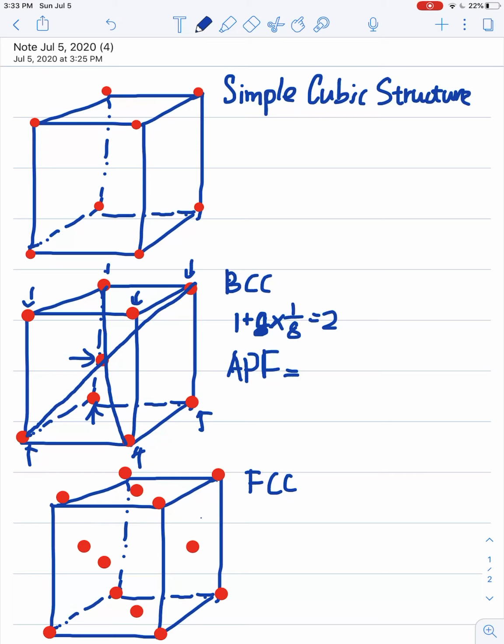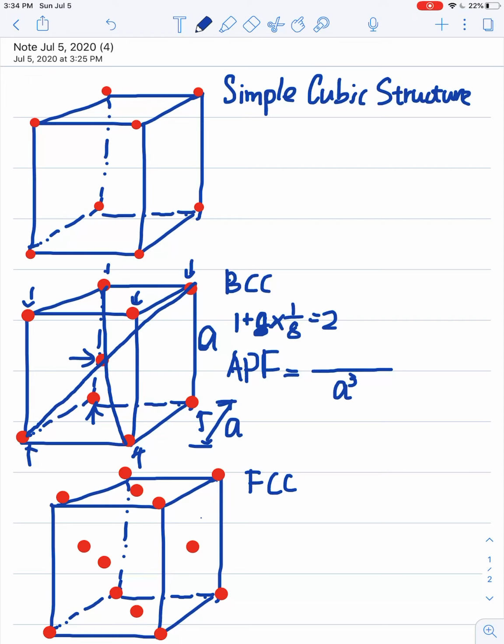If we know the length of this unit cell is a, the length is a for all the sides, since it's a cube. So the total volume of the unit cell is going to be a cubed.